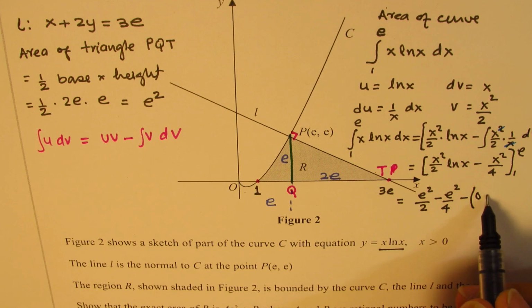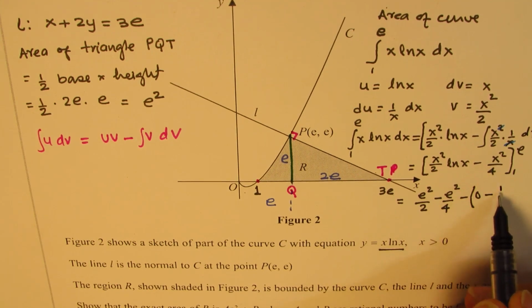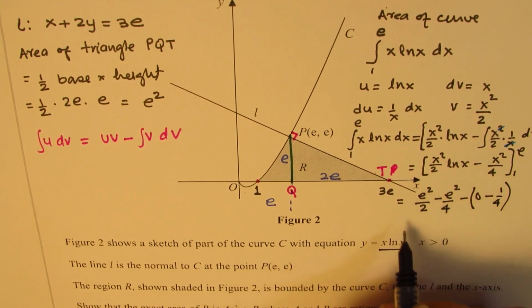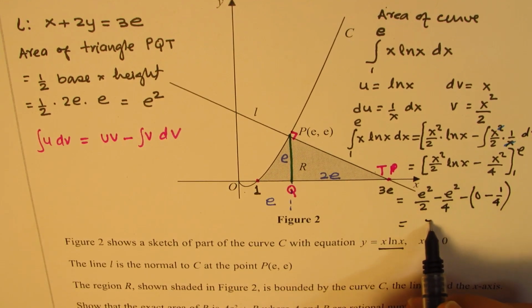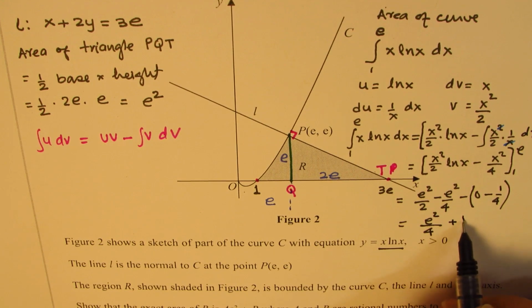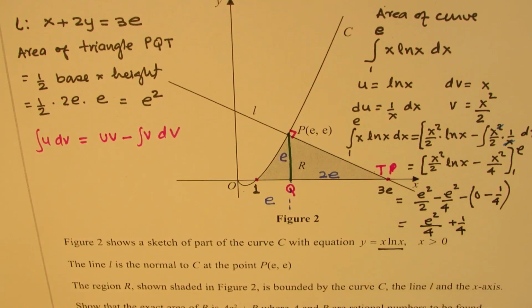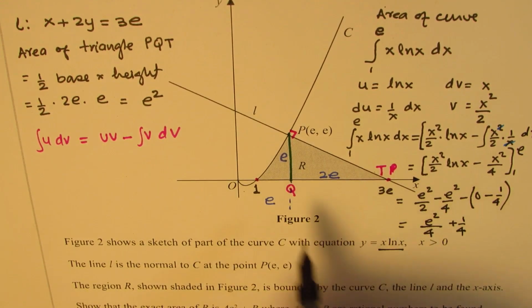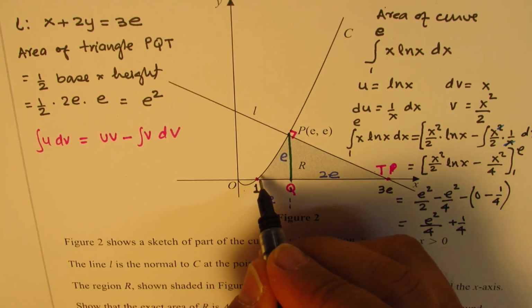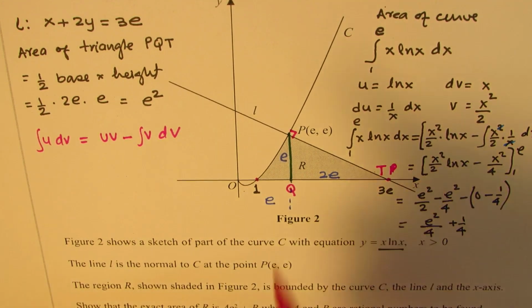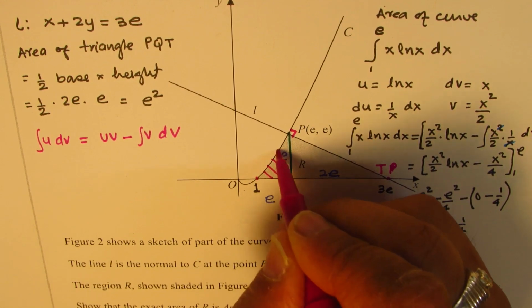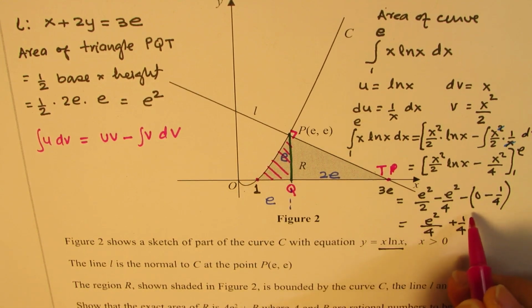And this becomes minus 1 over 4, correct? Minus 1 over 4. So that gives you e squared by 4, and this becomes plus 1 over 4. So we get this area. So the area for the curved portion here, let me shade it in a different color, is this much.